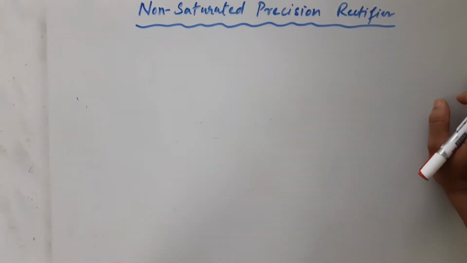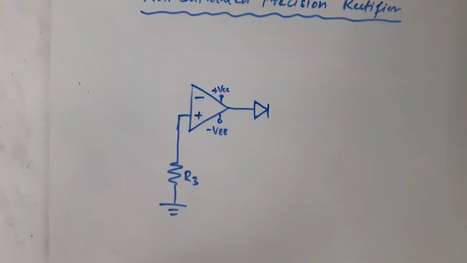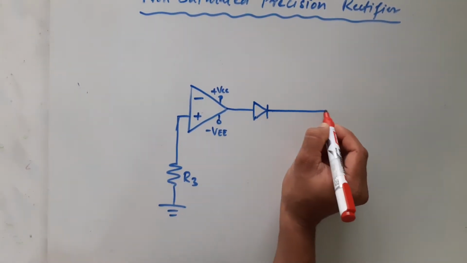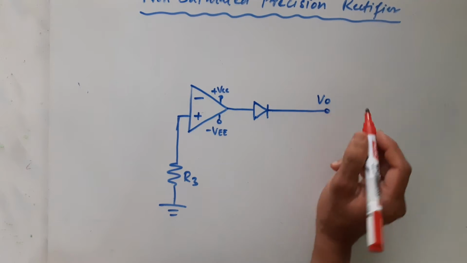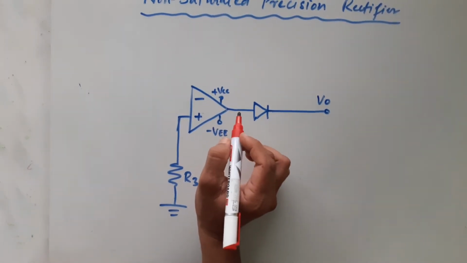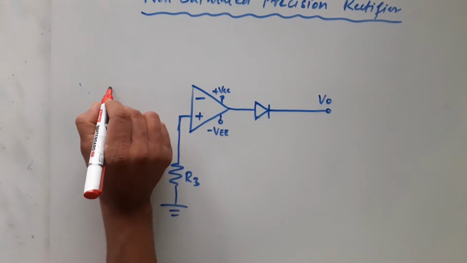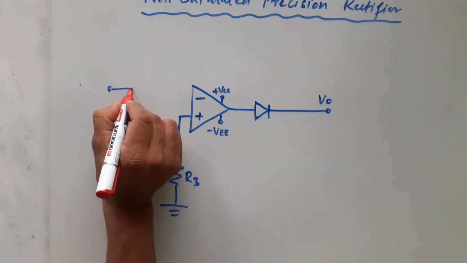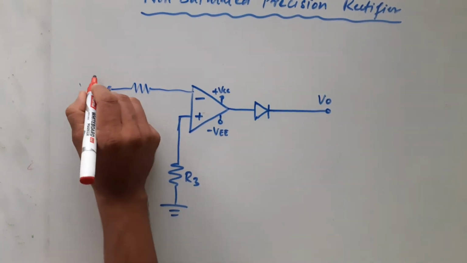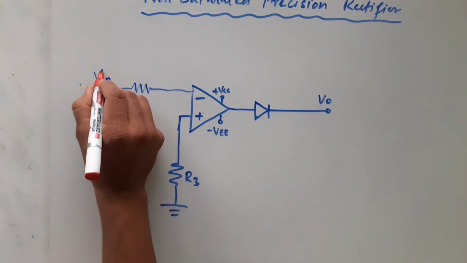Okay, so let me draw the circuit diagram. This is your V naught. This is what you have already seen so far. This is your input resistance. Let this be V in.